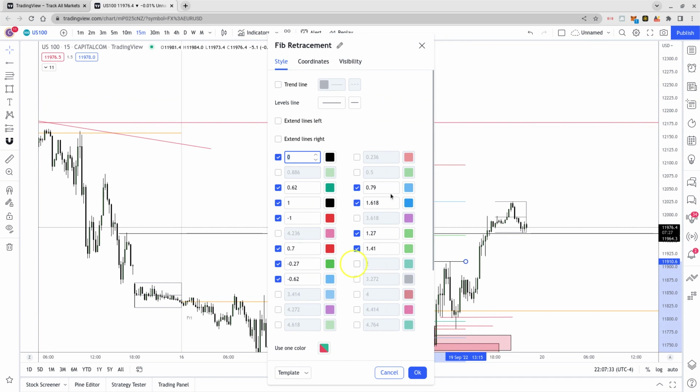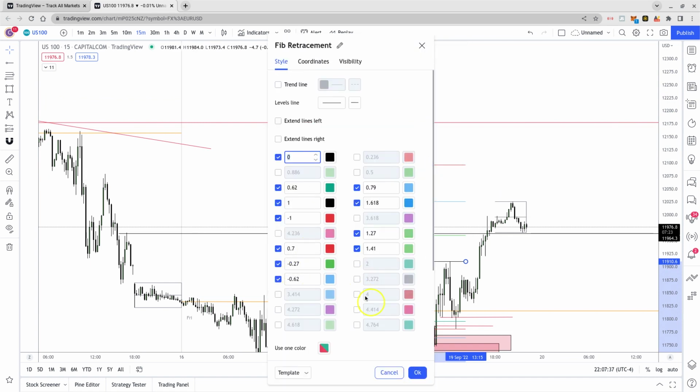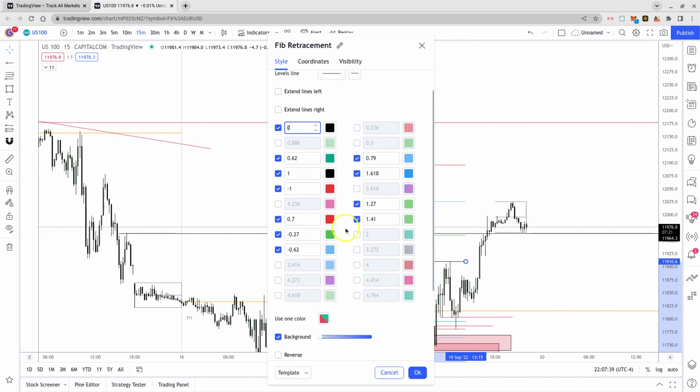Let's put -2. I want to see if it aligns with this FVG. And then let's also put -1.5.